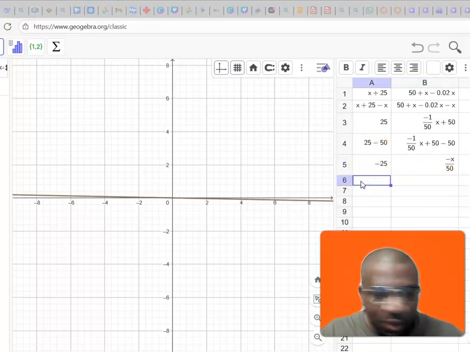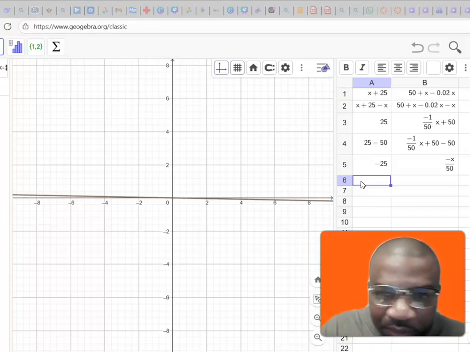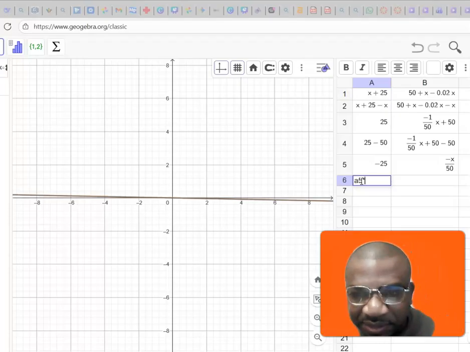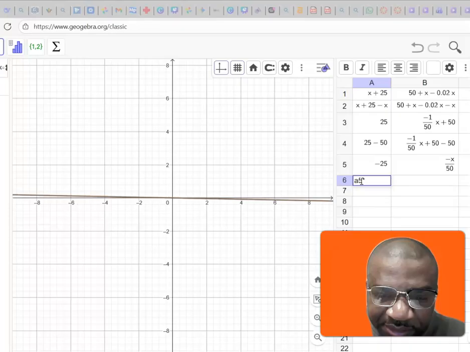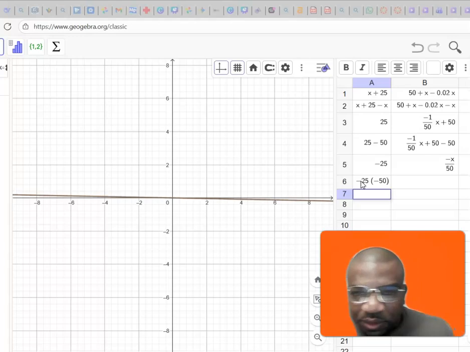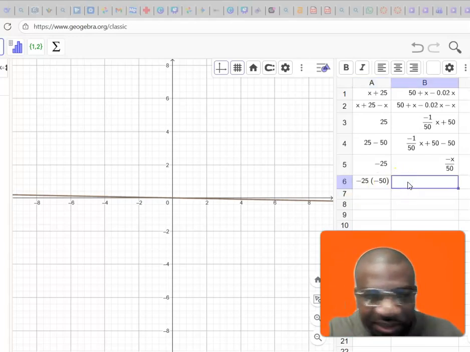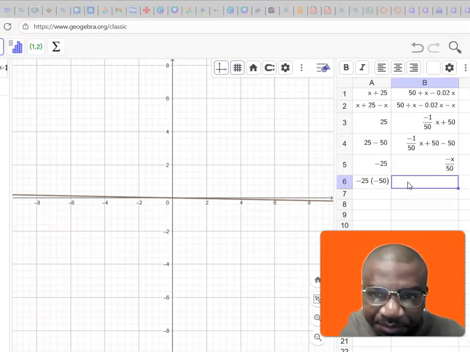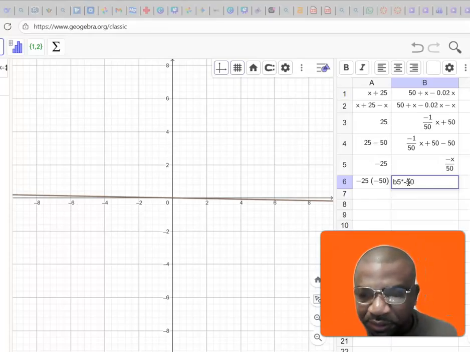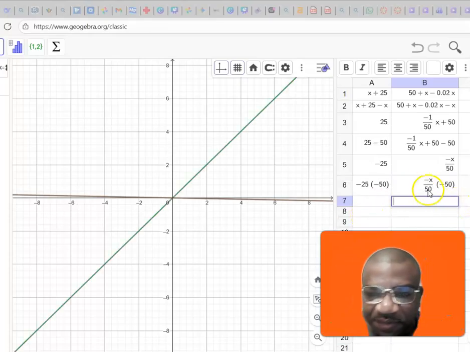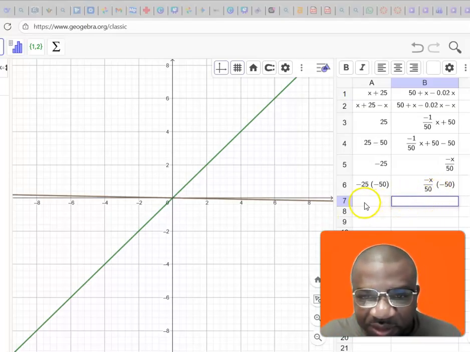So come here, we can say a5 times minus 50 equals to, so on the right hand side also we'll say b5 times negative 50. So we have this.